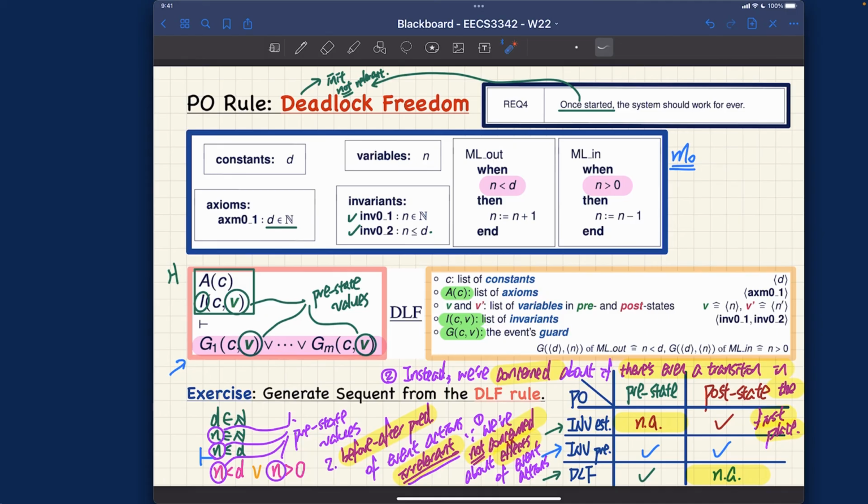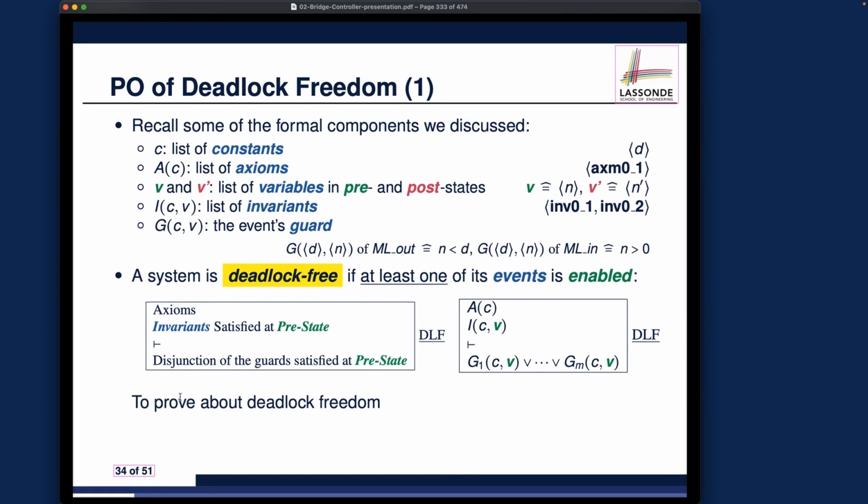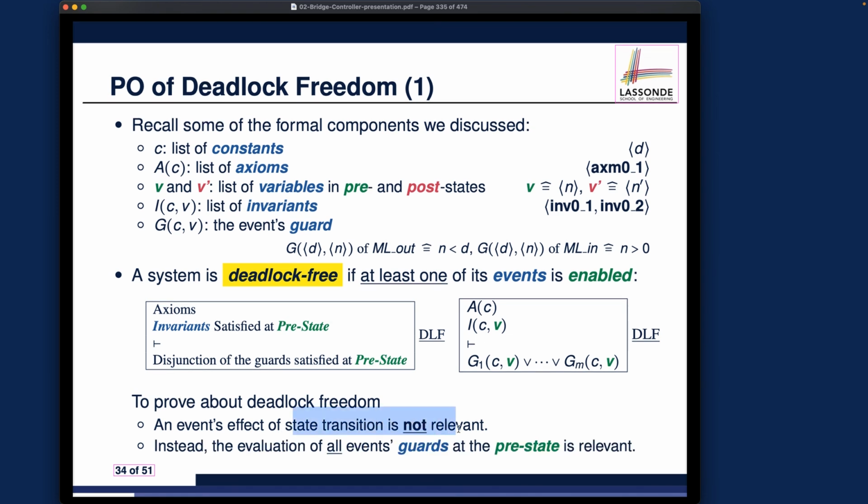Let's now go back. To prove deadlock freedom, the state transition is simply not relevant, as I just remarked. Instead, the evaluation of all the guards, whether or not the transitions can be taken in the first place, is concerned with the pre-states.